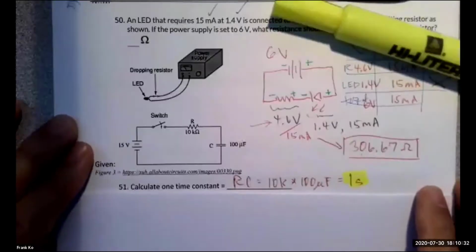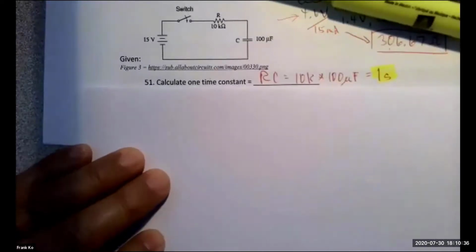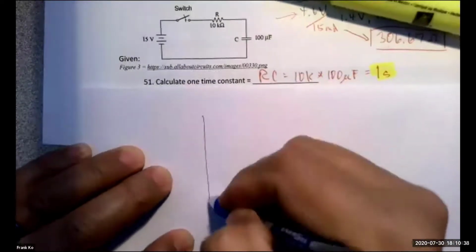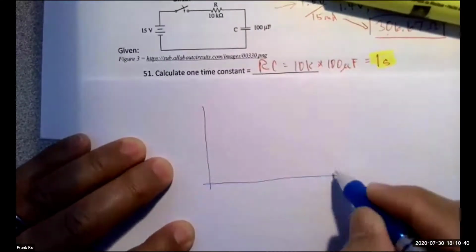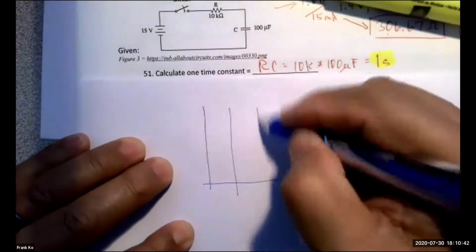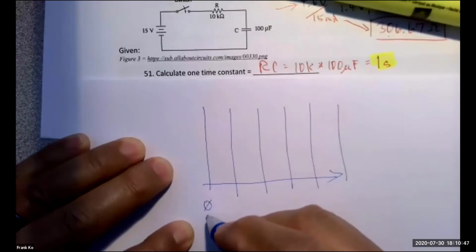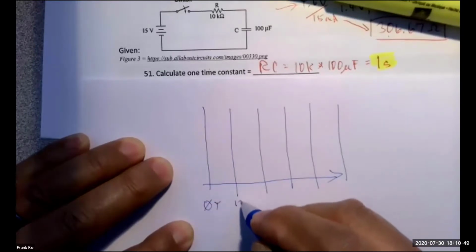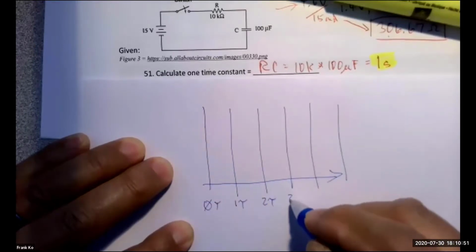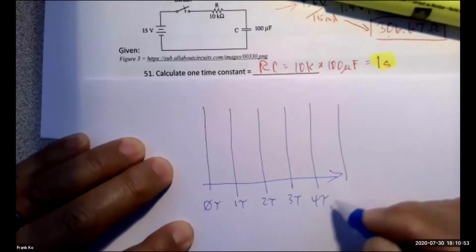All right. If we review the concept of time constants, my friends, if I draw the graph, it looks like this, and I have 5. So 0 tau, 1 tau, 2 tau, 3 tau, 4 tau.